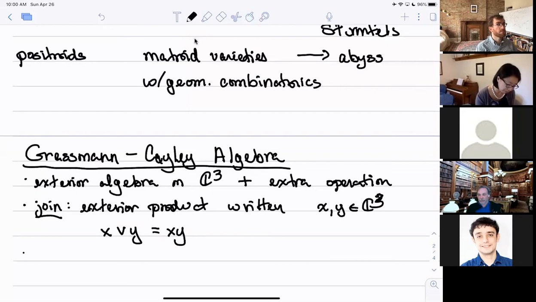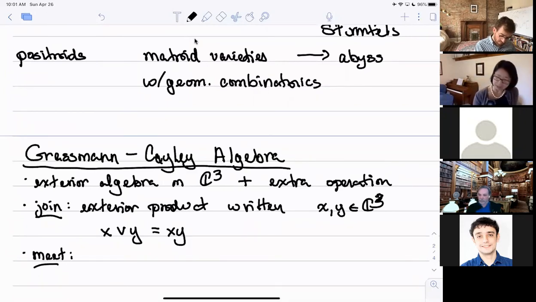And if I joined three vectors that were linearly independent together, their join would be all of P^2 or all of C^3, okay? The other operation is the meet, and it's going to correspond to intersection of subspaces. And because intersections we write with a cap, it makes more sense to use the wedge to represent meet.